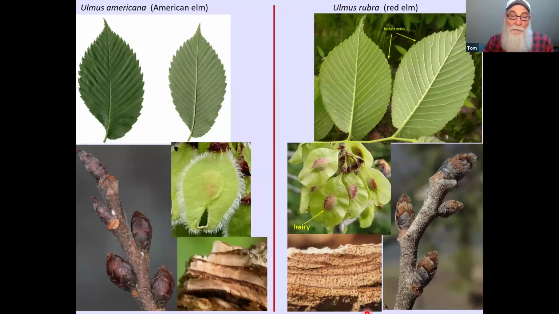Whereas over here, American elm will have white and red layers. So this is looking at it a little bit differently than I was showing you in the other picture, but you can still see this if you do that slice, like I described on the previous slide for Siberian elm. But you can usually see some reddish and white layers, very, very distinctive reddish and white layers.